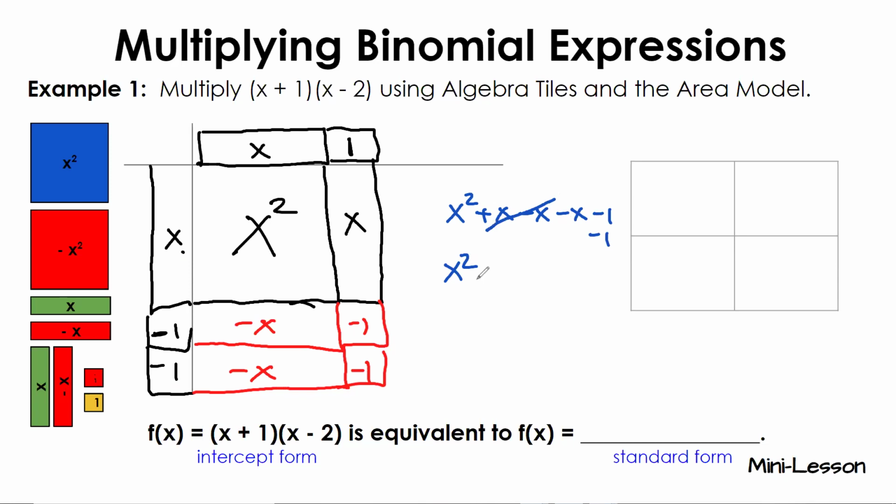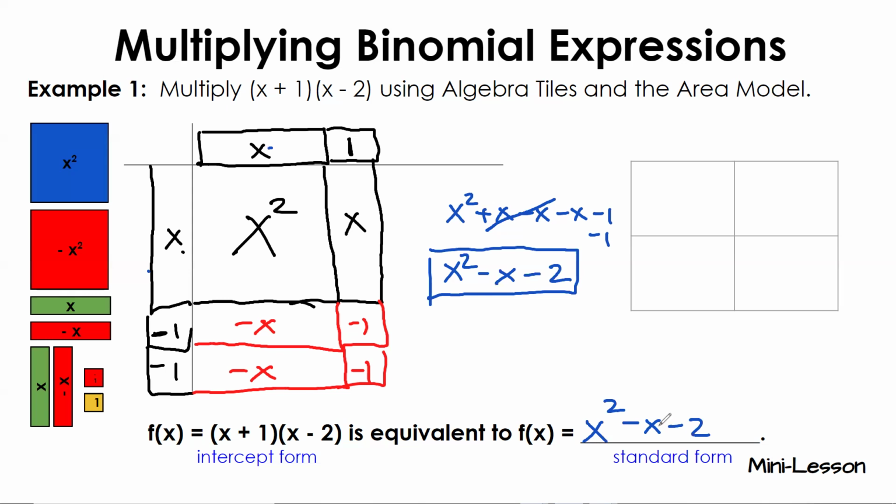Okay, and then we have that -x. What's -1 minus 1? Okay. With me so far? So this is our final answer. We multiplied these two things out. So our final answer is x squared minus x minus 2.